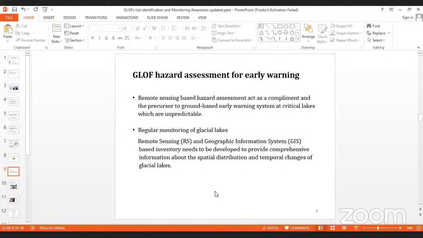It is not possible for a human to go physically to each and every glacier location to measure its impact, the change in its volume, its area, etc. For that, GIS as well as remote sensing data play a major role. Nowadays satellites give us very high resolution data, and based on that we can find out each and every change on the glacier surfaces.